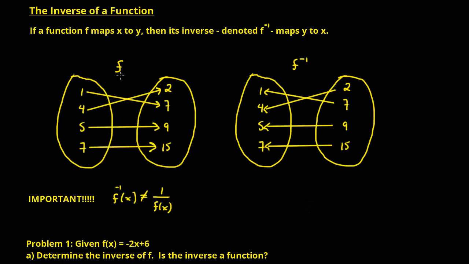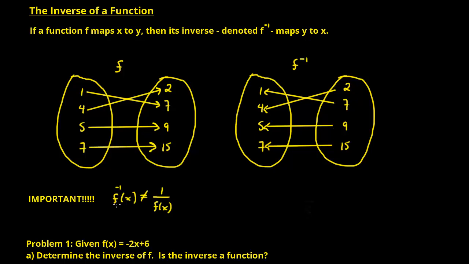Well, the inverse of the function f, which we denote as f superscript minus 1, would map 2 to 4, 7 back to 1, 9 back to 5, and 15 back to 7. So its input is now the range of f, and its output is the domain of f. So you can see that f inverse basically undoes what f does.